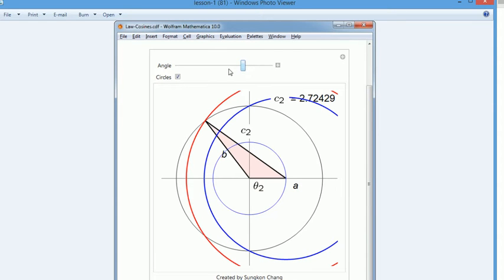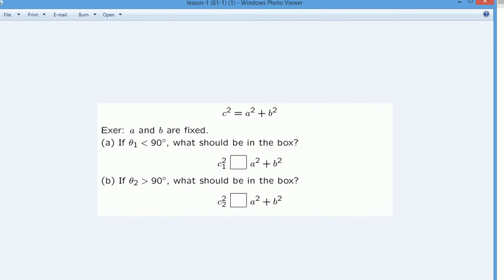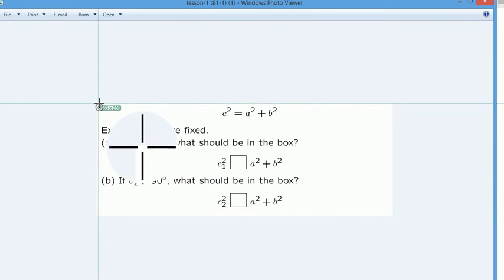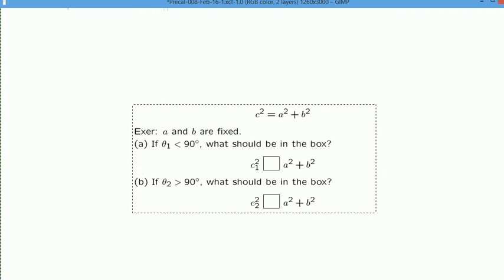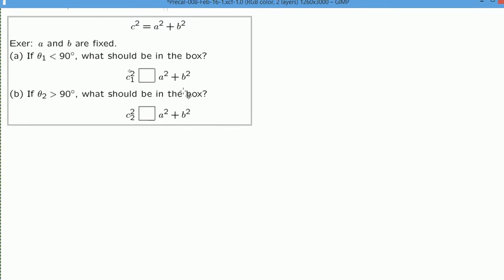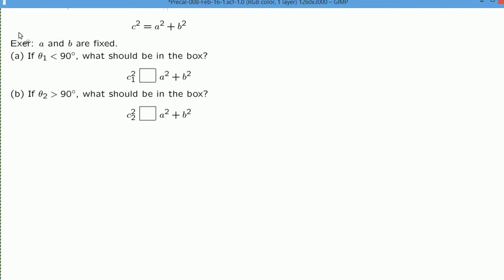All right? So what is that adjustment? But first we're going to make sure we understand this relationship clearly. So I'm going to write it here and make it the first exercise today. A squared plus B squared equals C squared, the Pythagorean theorem, and those are the sides of the right triangle.